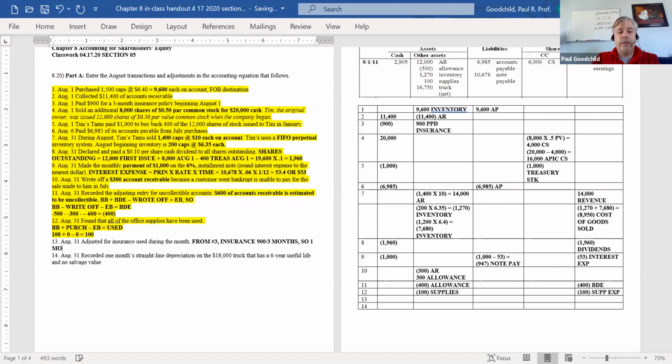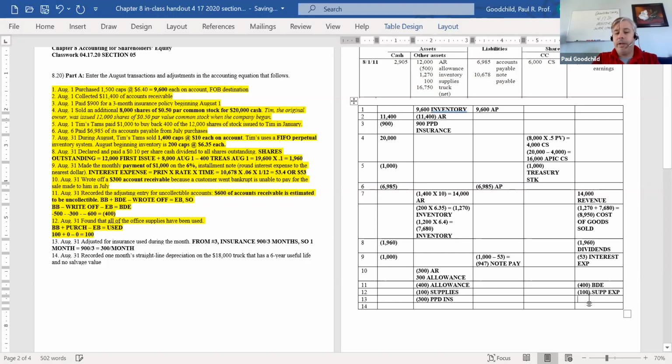So 1 month equals 900 divided by 3, which equals 300 per month. And so our prepaid insurance is going to go down by 300. And we're going to have $300 insurance expense.